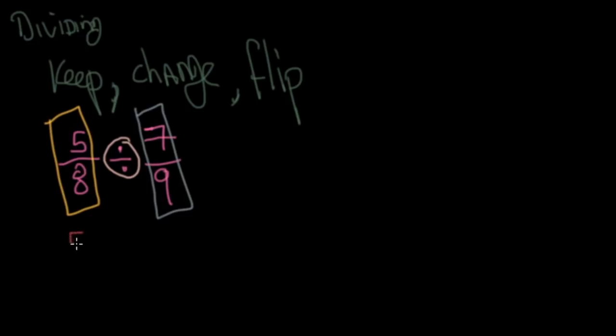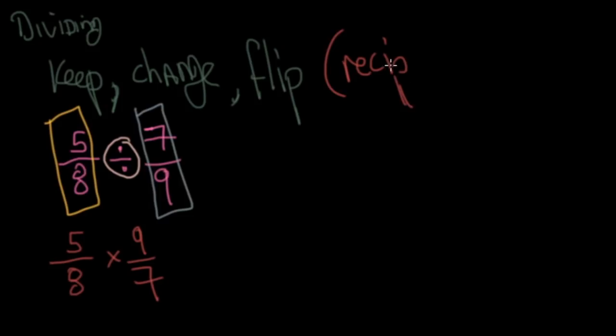So I keep my 5/8. I change dividing into multiplying. And then I'm going to flip this so it becomes 9 over 7. Flip, what's the key word? It's actually reciprocal. That's a fancy word.